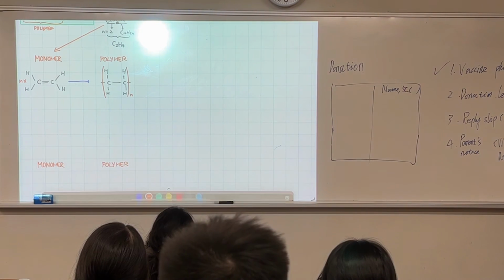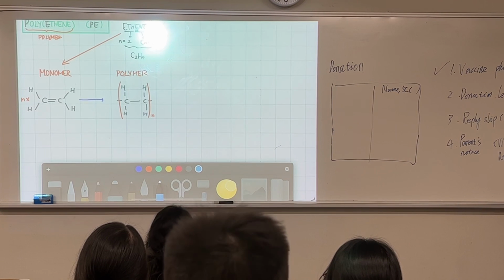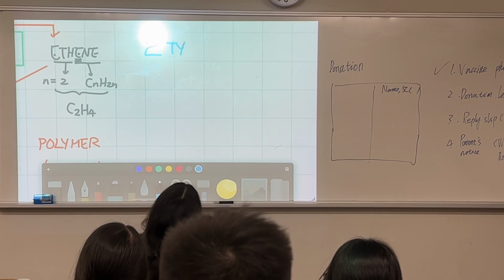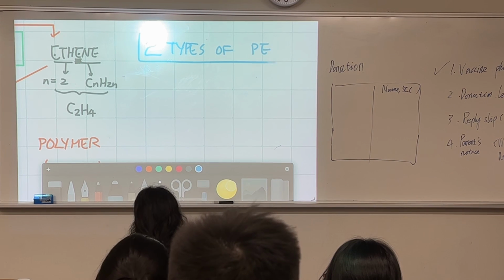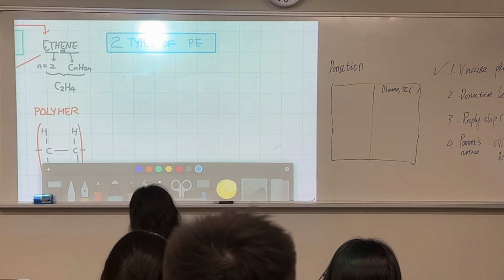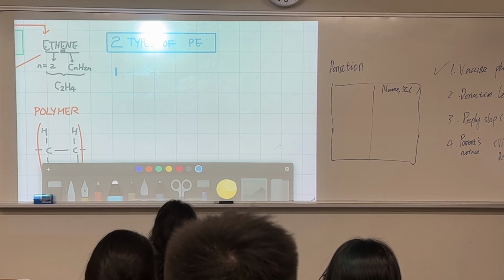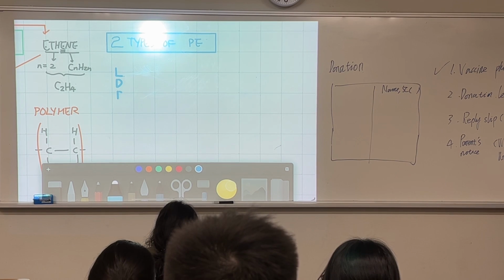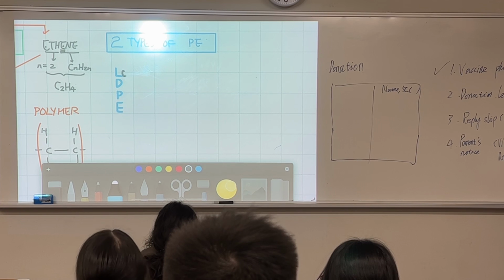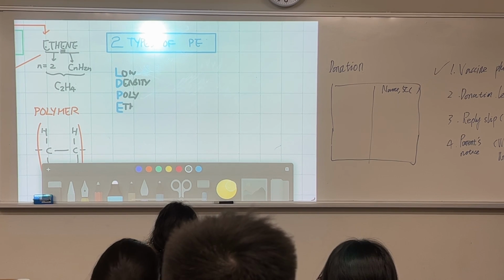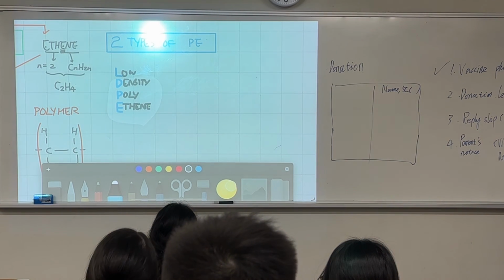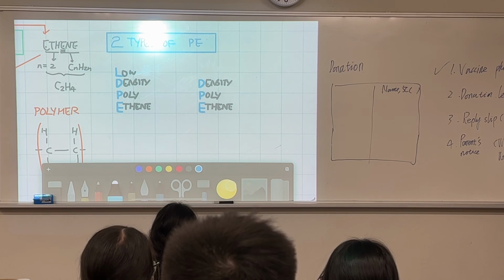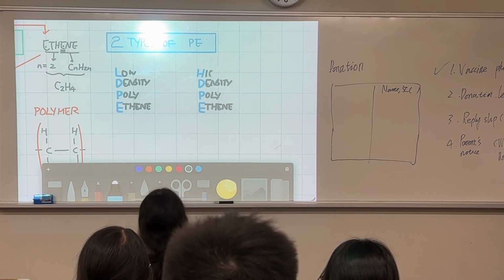Let me introduce to you two types of polyethylene. There are two types of PE. One is called LDPE, or low density polyethylene. The other, maybe you guess it, is HDPE, high density polyethylene.